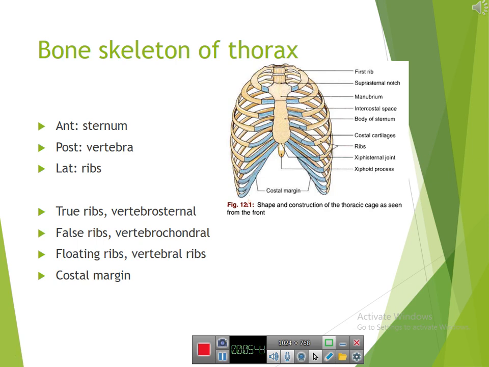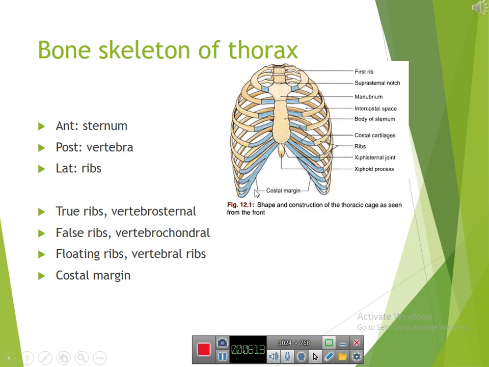These ribs are therefore known as vertebrochondral ribs. The costal cartilage of 7th, 8th, 9th, and 10th ribs forms the sloping costal margin. Here is a costal margin from the right side and the costal margin of the left side. So we have two costal margins from joining of the 7th, 8th, 9th, and 10th ribs from each side.